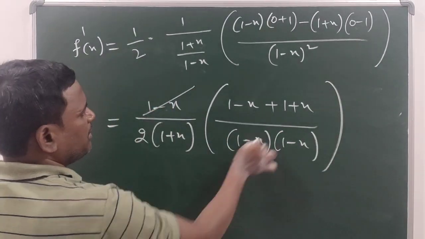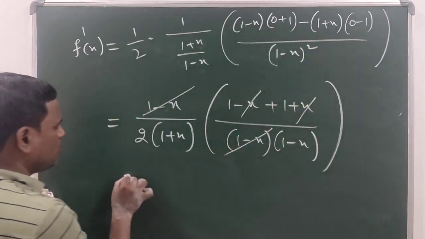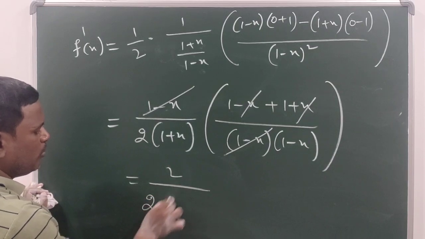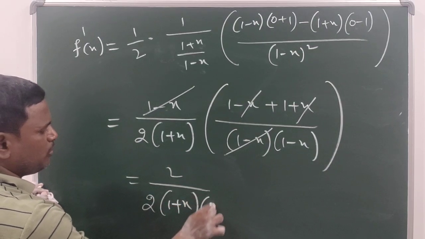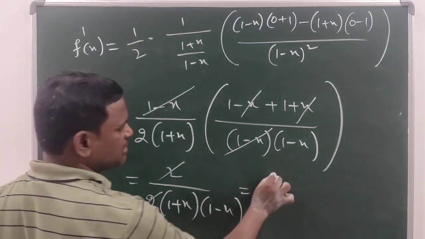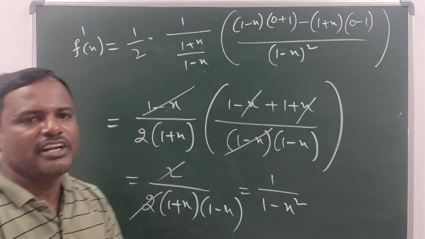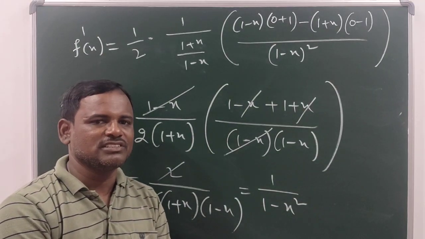Now 1 minus x cancels. Now these two are cancelled. 1 plus 1, 2. 2 by 2 of (1 plus x) into (1 minus x). Now these two cancel. 1 by (1 minus x square). So this is the derivative of tanh inverse of x.